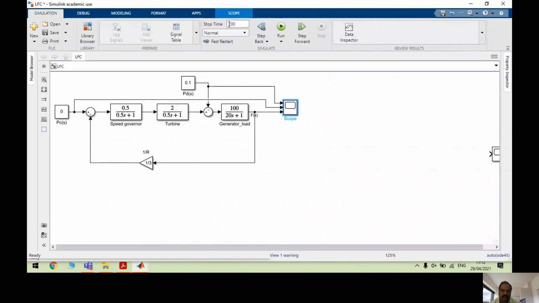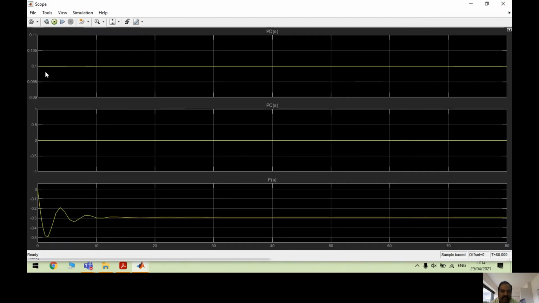So I'll reduce my simulation to 80 seconds or so. And this particular signal, I'll clearly mention it as S, and this is PD of S. Now you can see it.